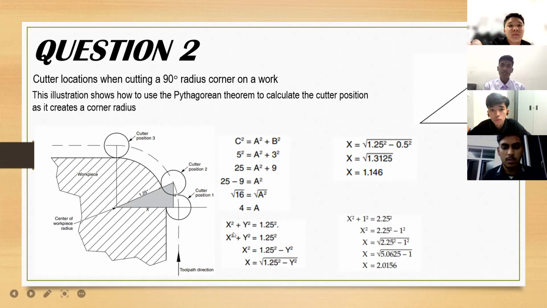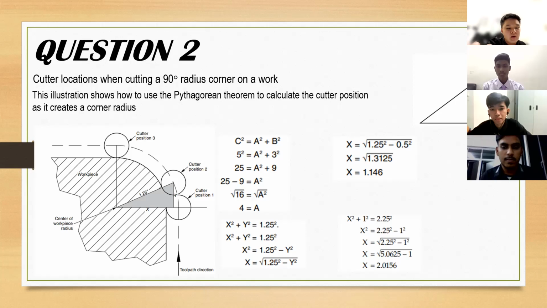So x squared is 1.25 squared minus y squared, and x equals the square root of 1.25 squared minus y squared. In this case, the cutter travels in the y direction, and y is 0.5.